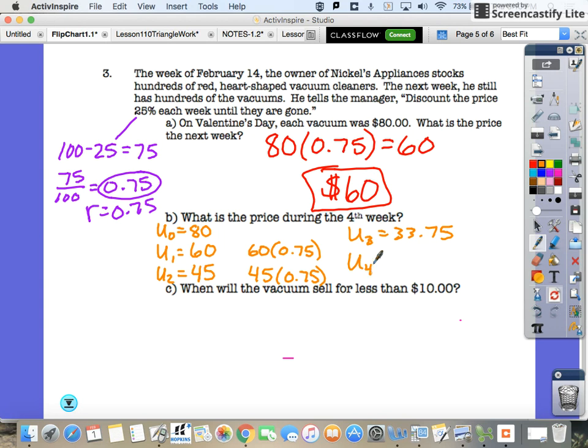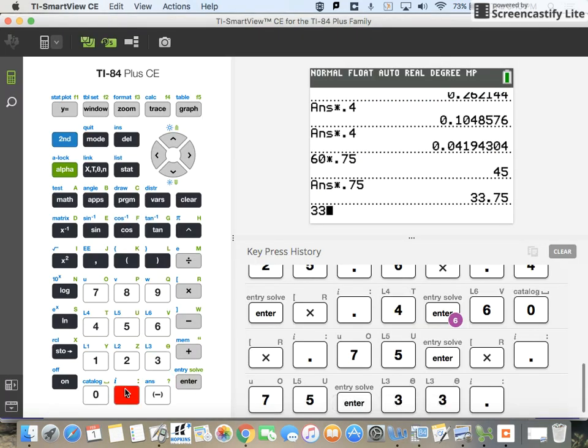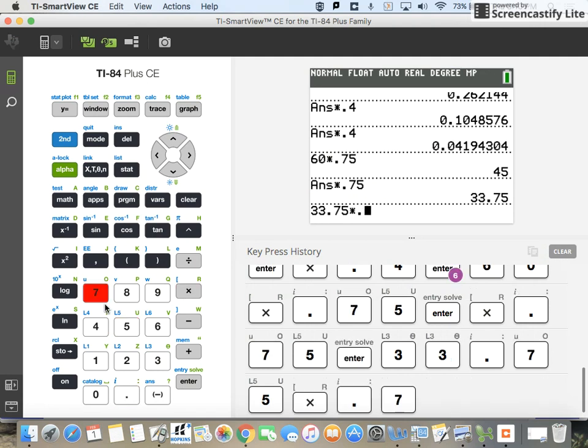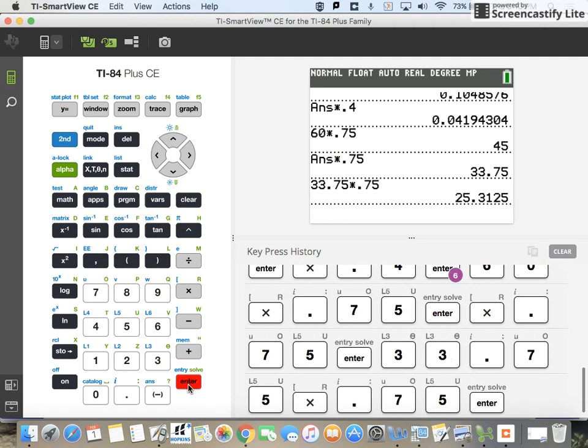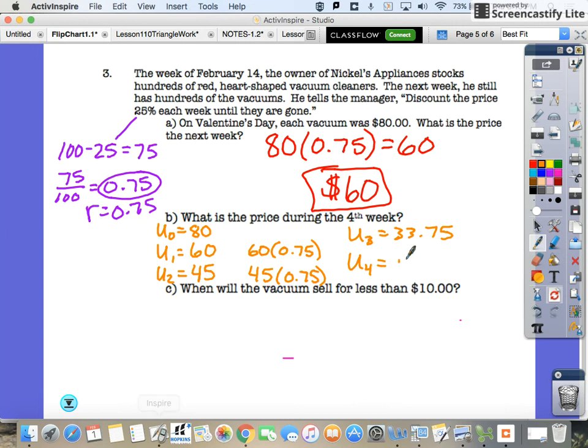And then u sub 4 is going to be 33.75 times 0.75, which is $25.31. So they will cost $25.31. So we know in week 4, it is $25.